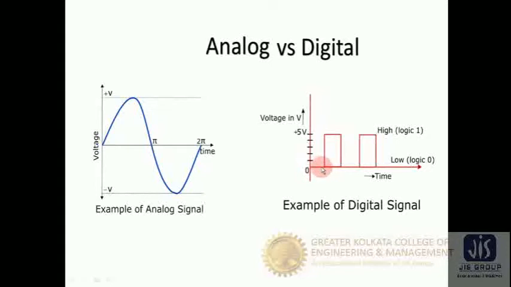Here we can see a digital signal which is discrete in the voltage domain, so the signal has either a 0 value or a 5 volt value. In this way we can distinguish the analog signal from the digital signal.